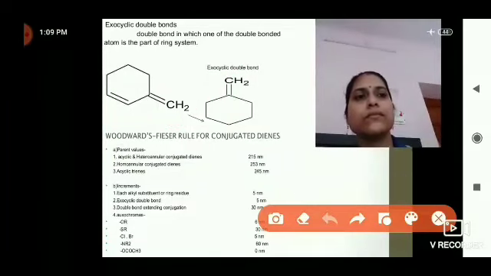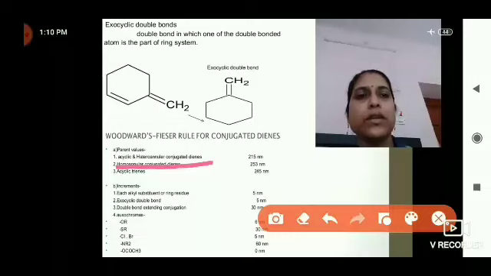Now for the acyclic heteronuclear conjugated diene, the parent value of lambda max is kept at 215 nanometer. For homonuclear conjugated diene, it is 253. Acyclic trienes, 245.